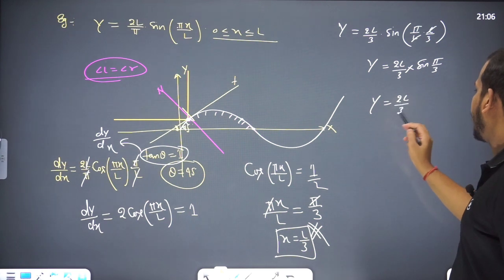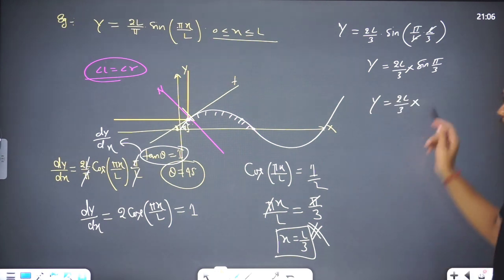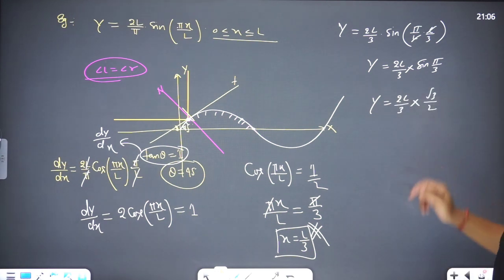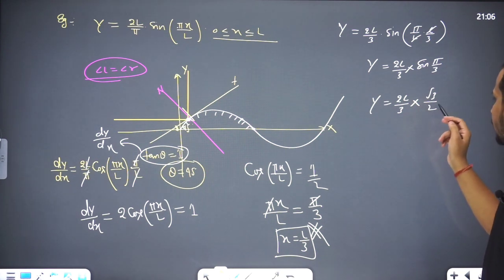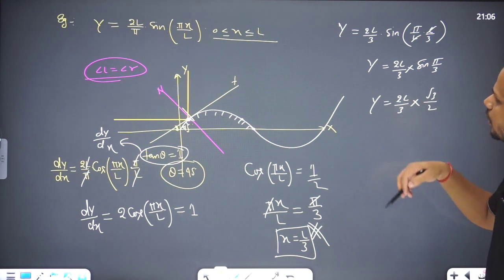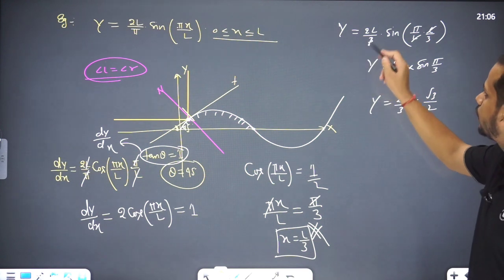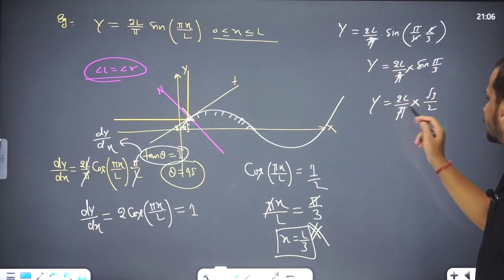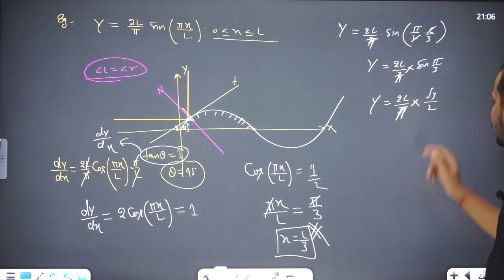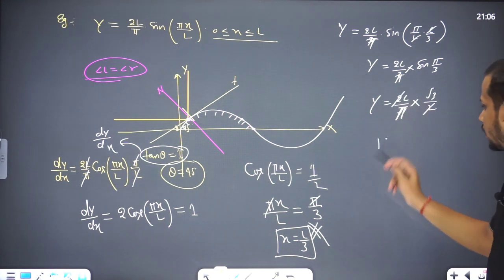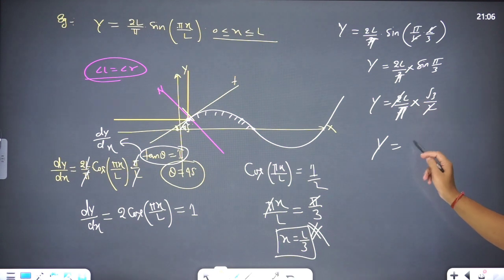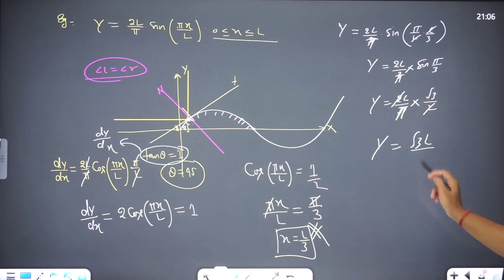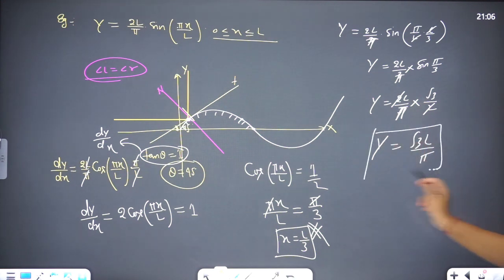So 2 will be cancelled out with the 2. So y is root 3L by 2 pi. This is the value of the y coordinate, right?